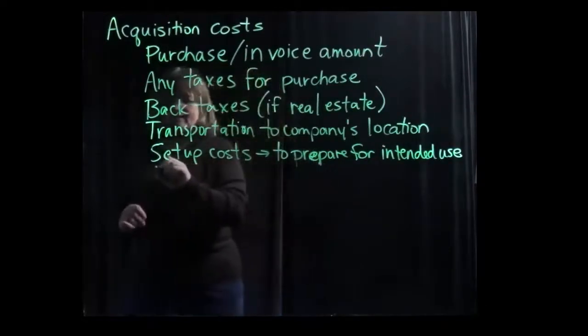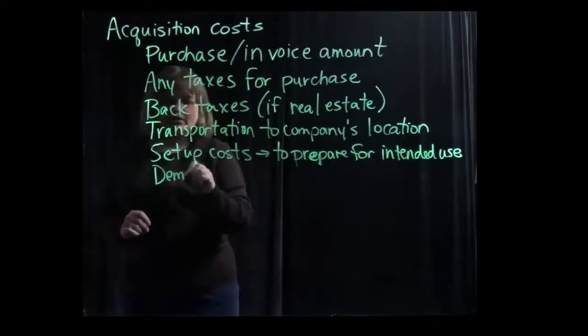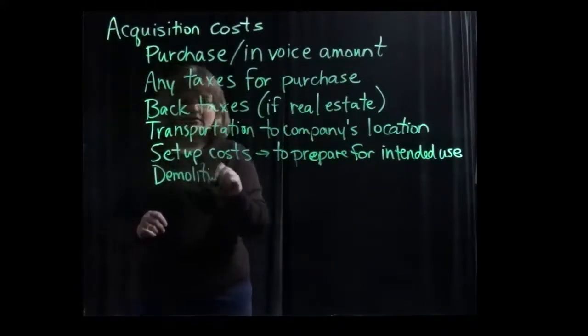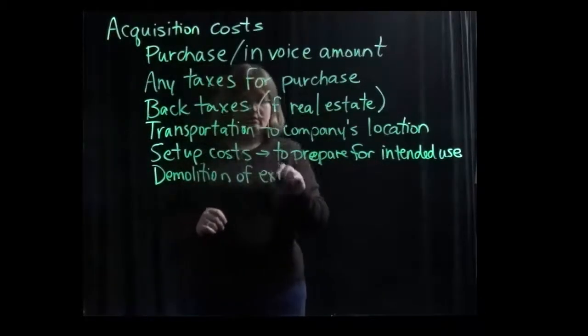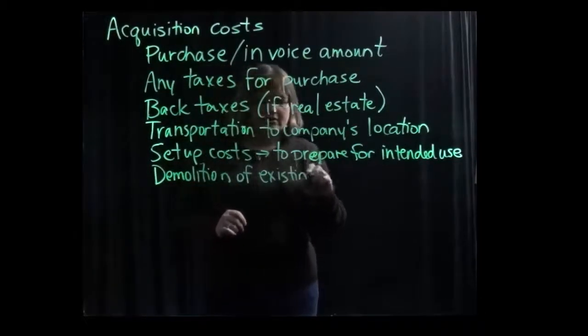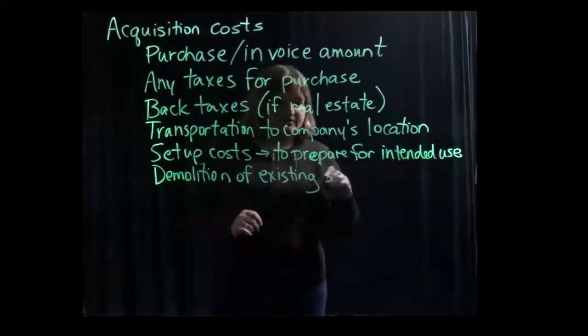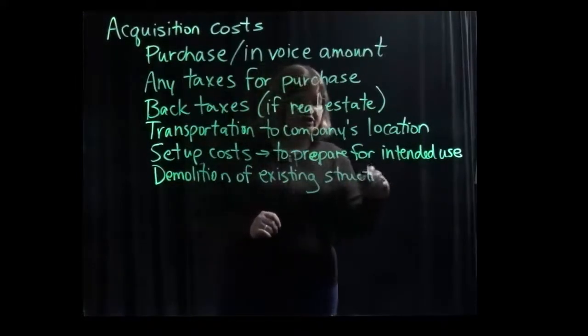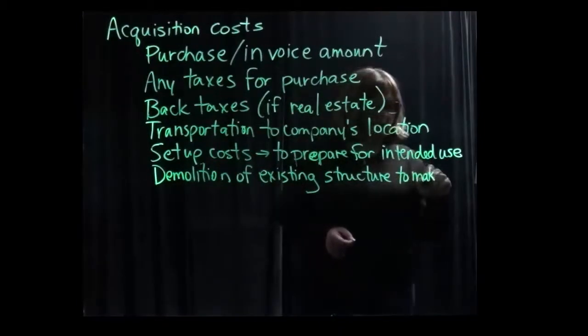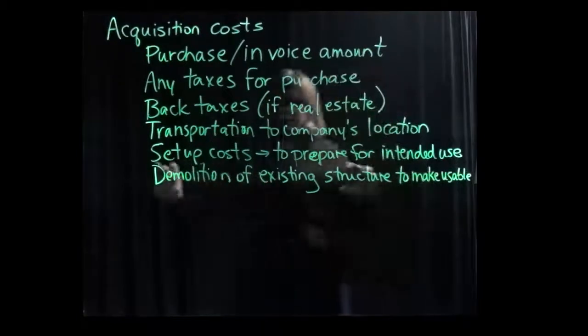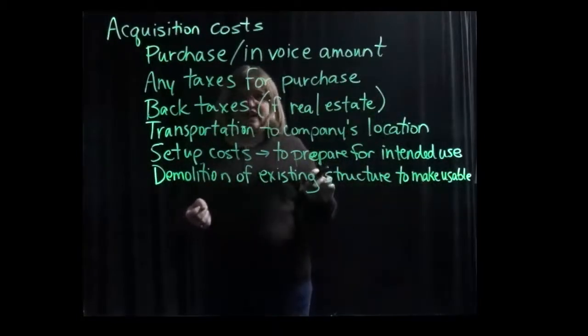Let's see, if you had to demolish some existing structure in order to make it usable for its intended purpose, that demolition cost would be part of the cost of the asset.